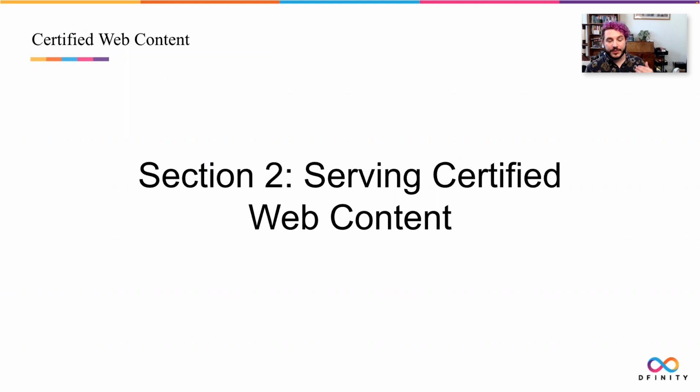And then because we have this web content and we want to serve it fast like you would on a Web 2 platform, you don't want to wait for an update round to verify every single time that your content is exactly what it says it is.